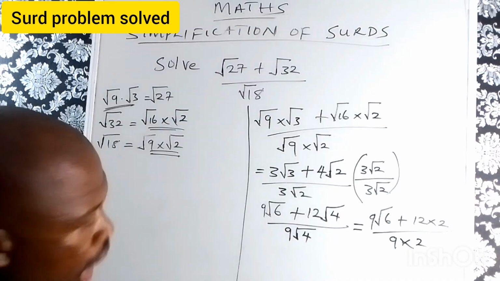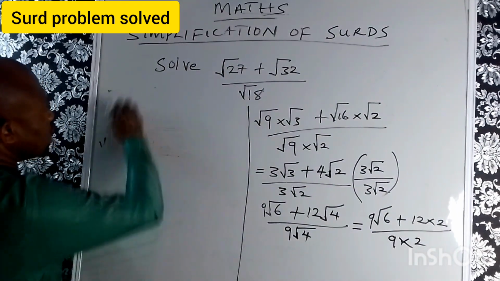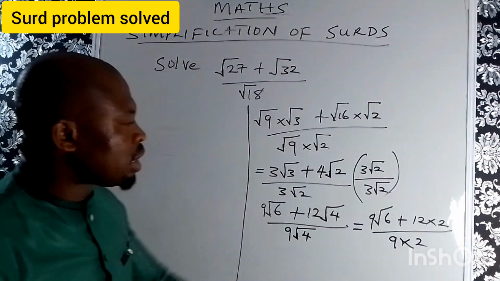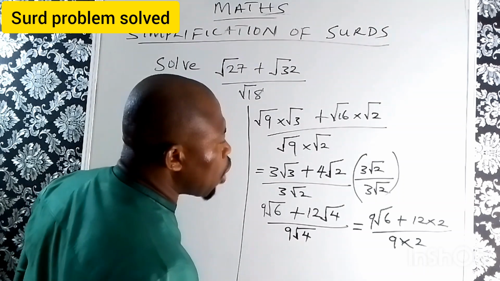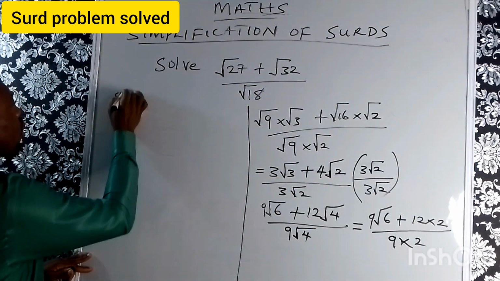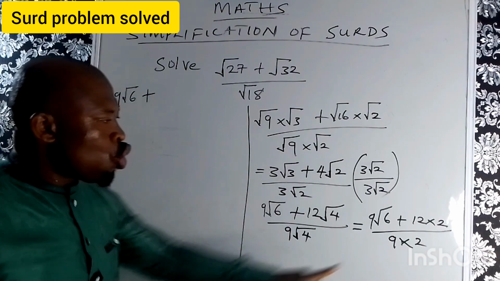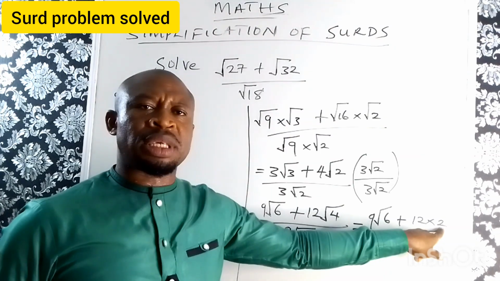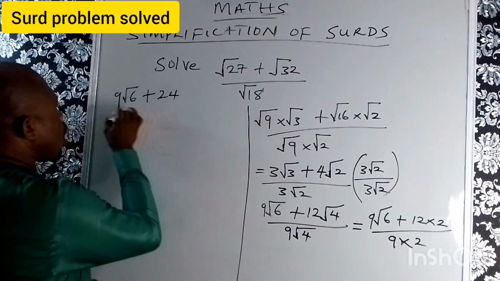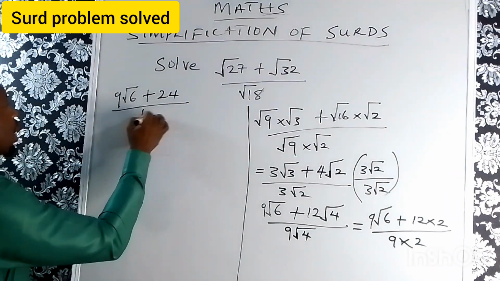If we continue, I want to clean this side so that we continue from this side. Now, if we clean this side, at this point we multiply out: 9 root 6 plus, you come back here, 12 times 2 will give us 24, all over 9 times 2, 18.